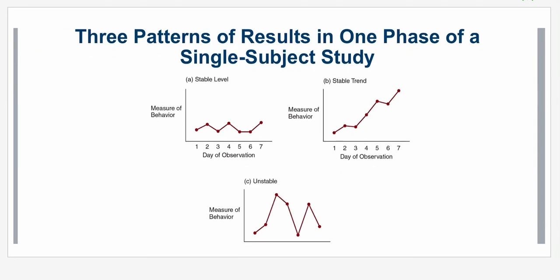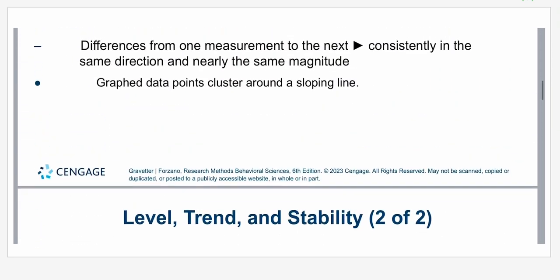This is a trend. Obviously it can't be both. So we want either a consistent level or a consistent trend, a stable level or a stable trend. Either A or B is great. Now, C is where we can get into trouble, which we will talk about in just a second.